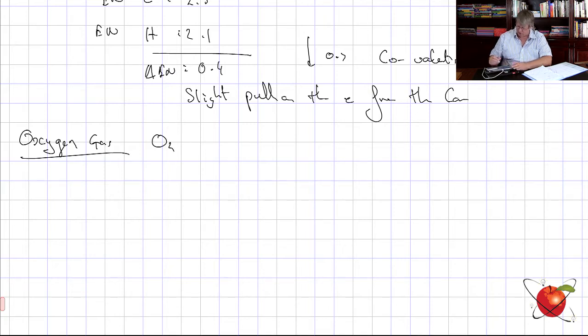Oxygen gas is O2. It's diatomic, right? Why? Because it's got the 2 there, which is the di. In chemistry, di means there's 2. In carbon dioxide, there's 2 oxygens attached to the carbon. In fact, I think we're going to see this one. Yes, we are. Oxygen gas.